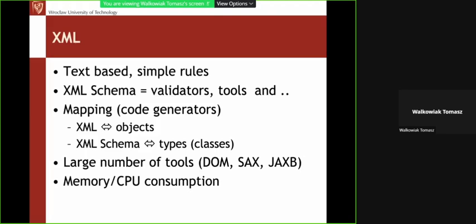XML is text-based. It really has a simple set of rules, just one or two slides. We have XML schema, so we have a language that allows us to validate if the given XML document is correct. I don't know if we are aware, but some experiments done mostly on students, from the 80s and early 90s, showed that from 60 to 70% of typical code consists of validation, checking if data are correct.